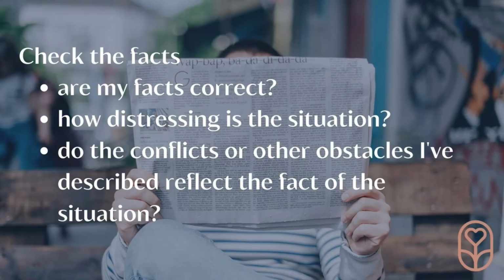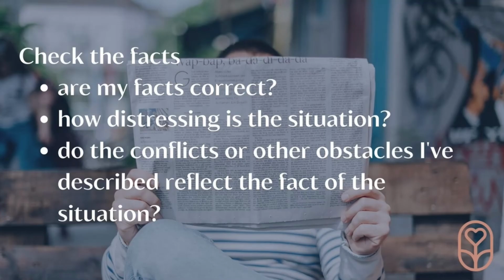Then, check the facts. Ask, are my facts correct? People often respond to their interpretation of a situation rather than the situation itself. Your interpretation may be correct, and it may also be incorrect. It is important to check the facts.